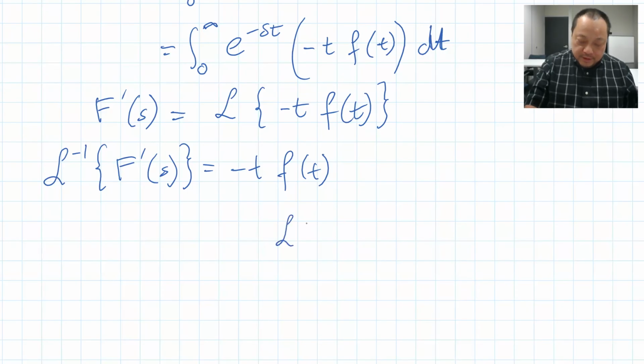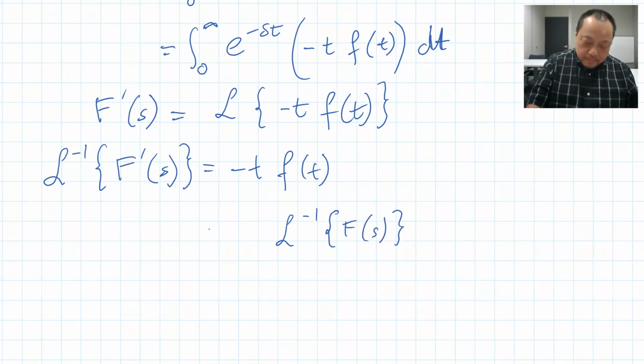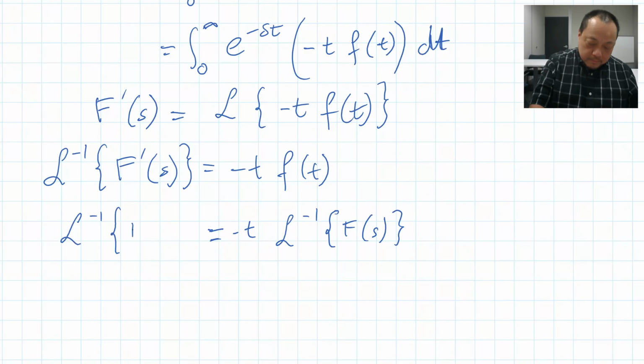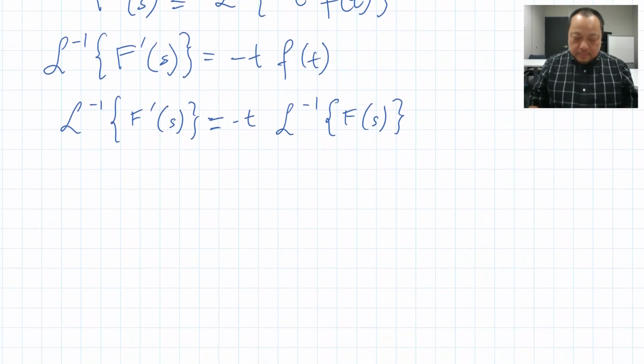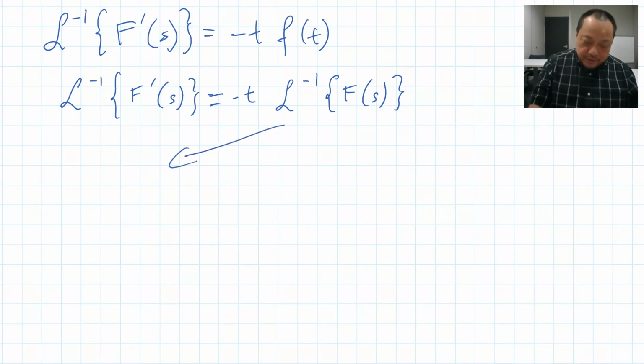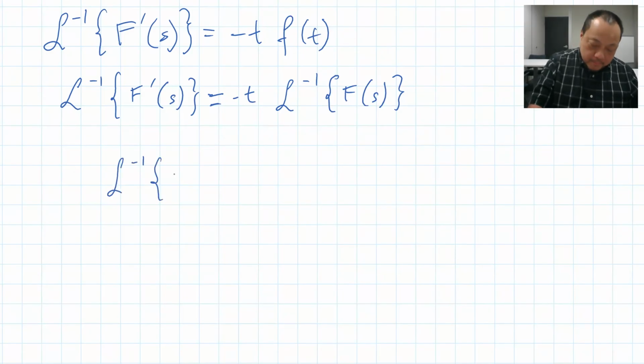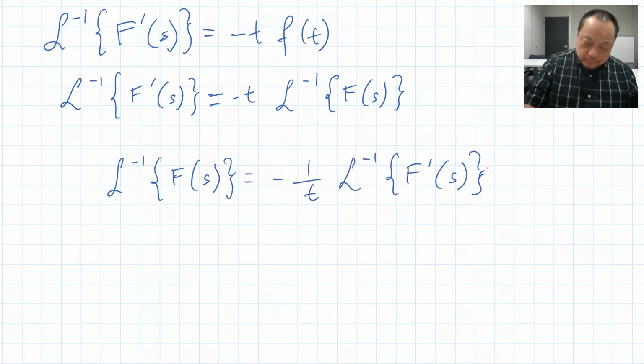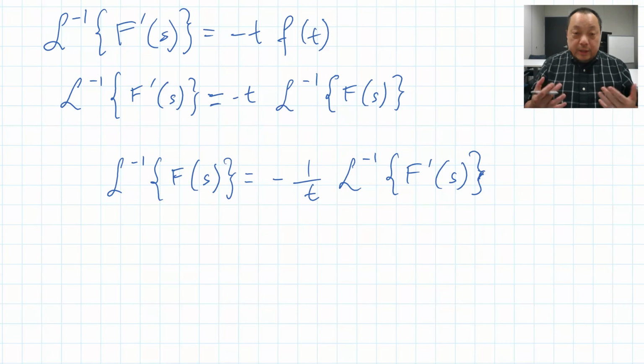Little f of t is the inverse Laplace of capital F. And now I divide both sides by negative t, and actually going to write this over here. And there we go. I have a formula that relates the inverse Laplace of a derivative with the inverse Laplace of the function itself.